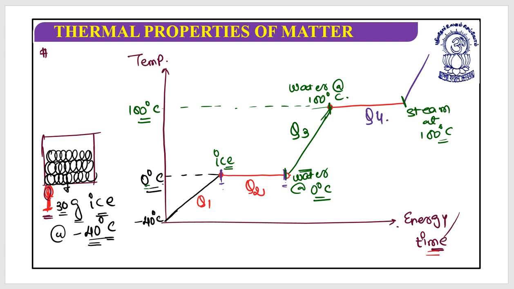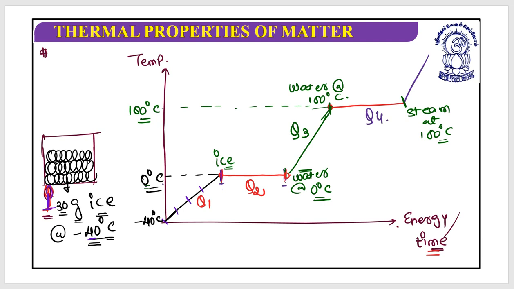Now, how do I understand that this has been changed from ice to water? Look at this very carefully. I'm going to heat up this device with this candle, and it is increasing its temperature from minus 40 to minus 30, minus 30 to minus 20, minus 20 to minus 10, and minus 10 to 0.